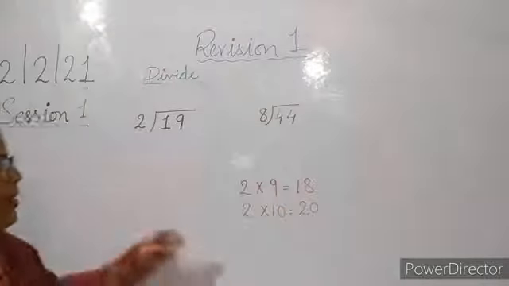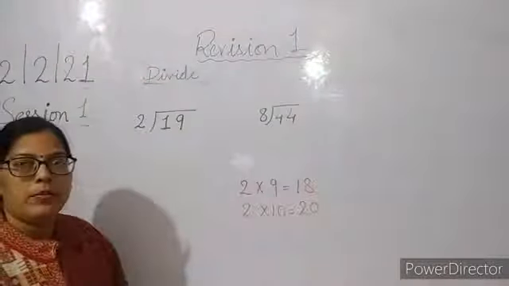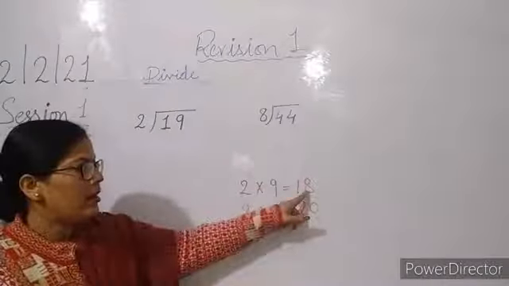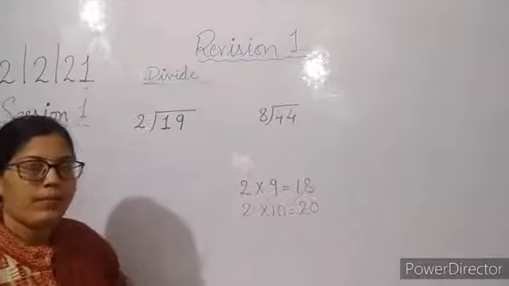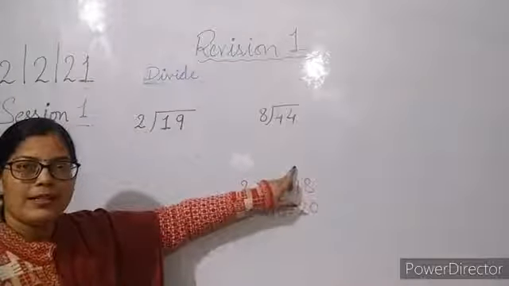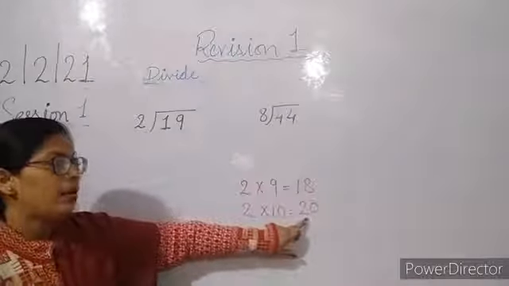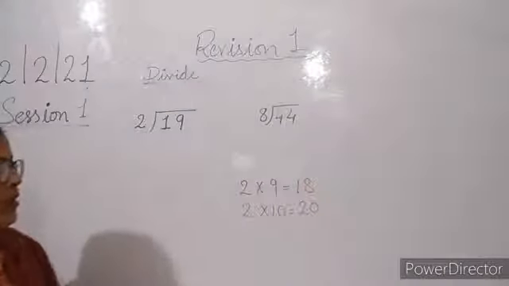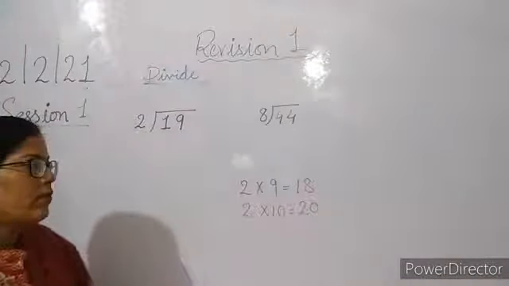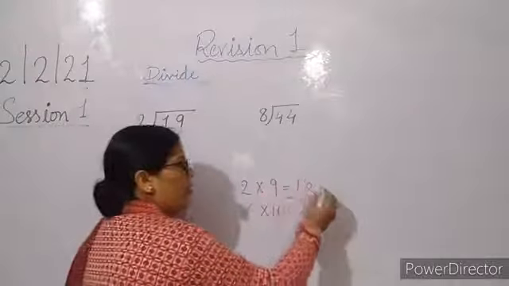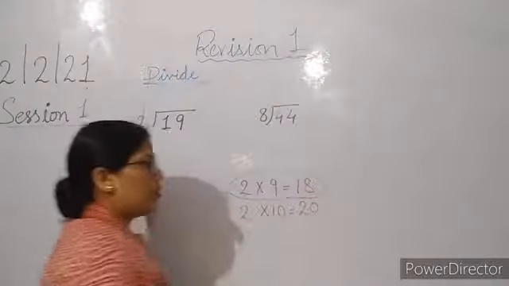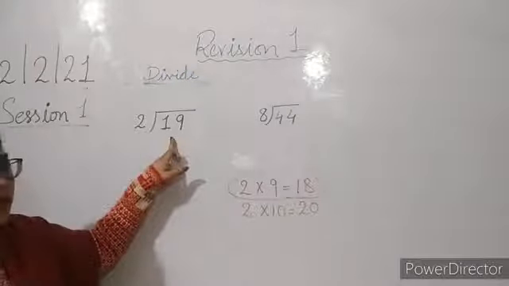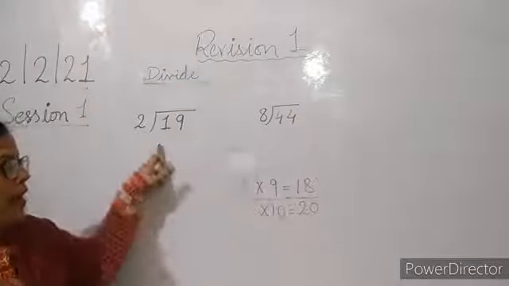19 is not there in the table of 2. Now the two numbers around 19 are 18 and 20. One is smaller than 19 and another is greater than 19. So again, we'll select the smaller number so that we can subtract it from 19.